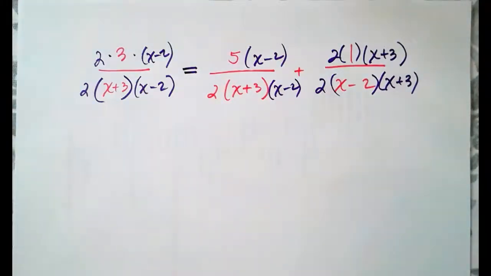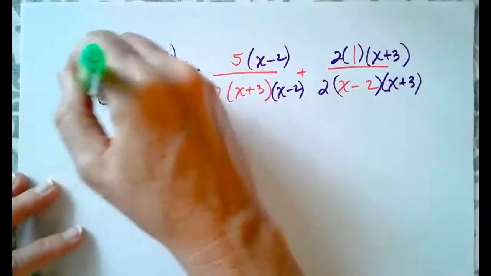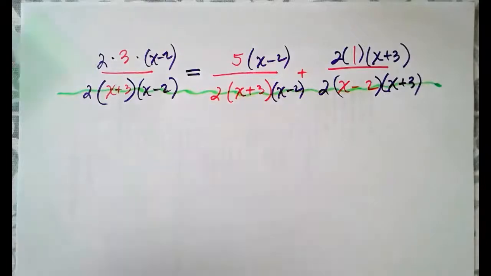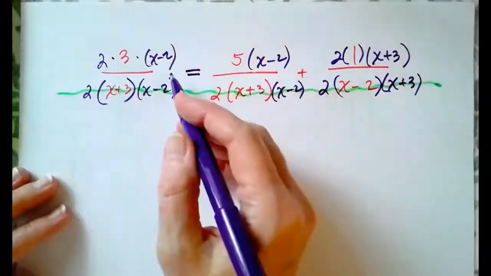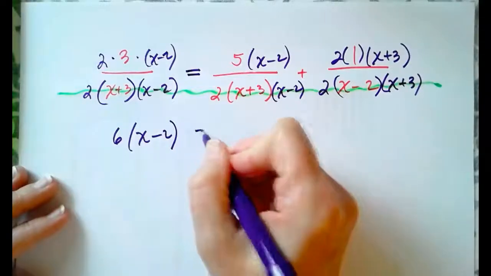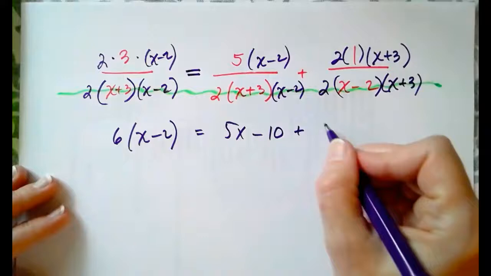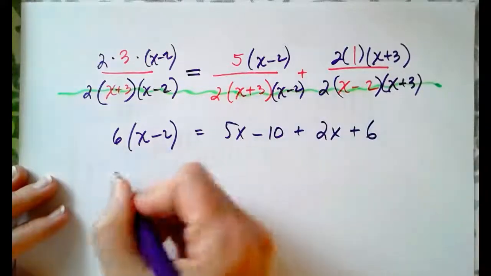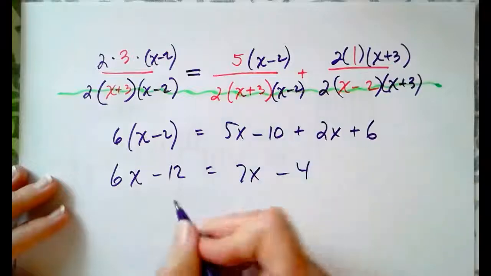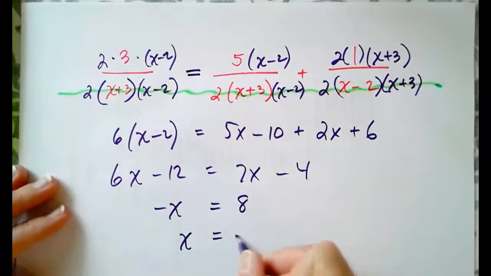But the good news is that because it is an equation, I no longer need that denominator. So now I can just solve it just like I already did. This is 6. 6 times x minus 2 equals 5x minus 10 plus 2 times x plus 3. So 2x plus 6, 6x minus 12, 7x minus 4, negative x equals 8, x equals negative 8.